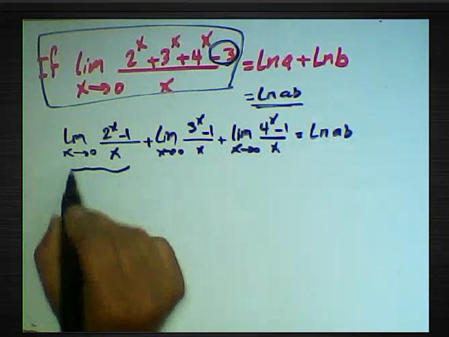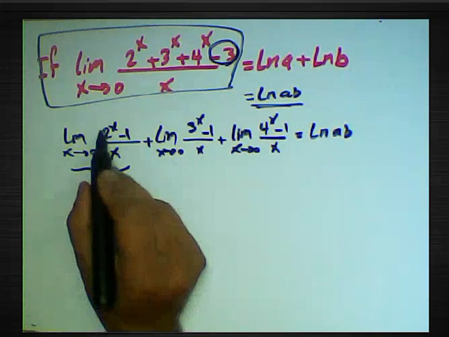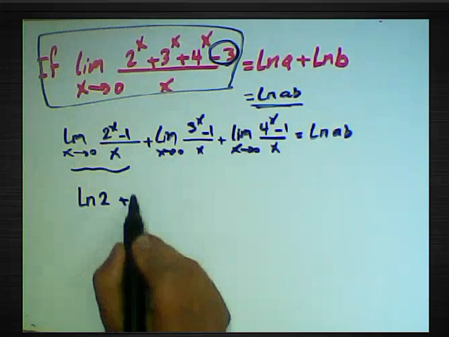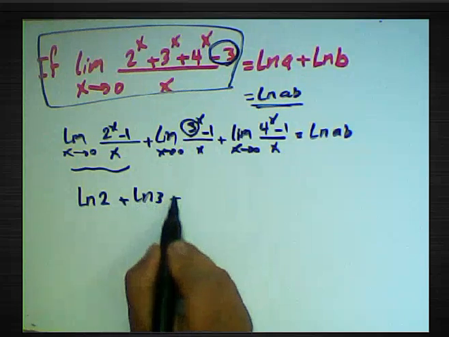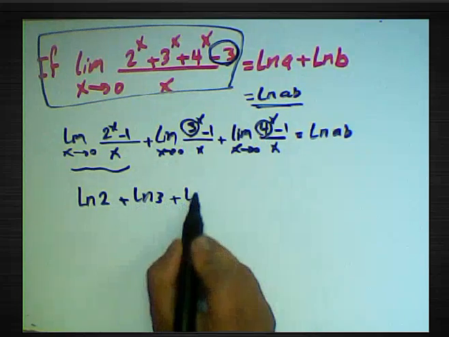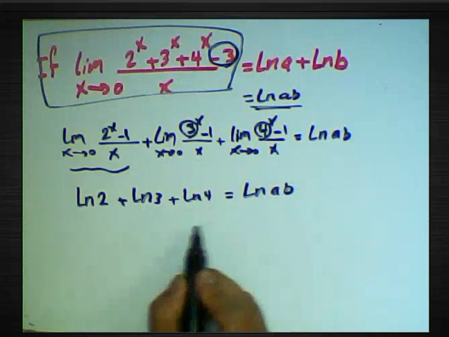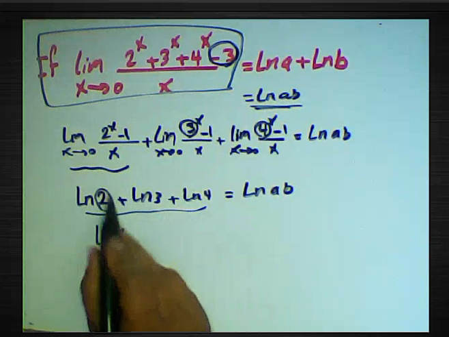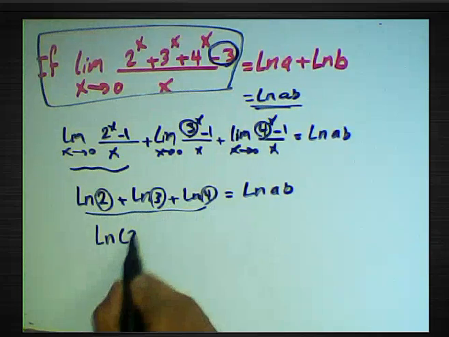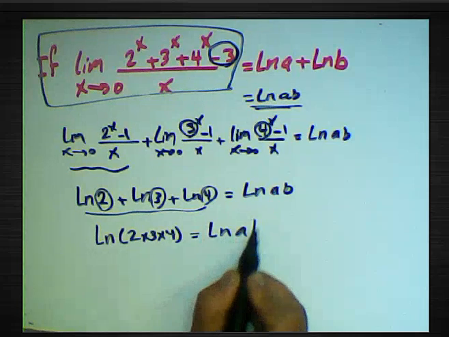You know the result of the first term will be ln of the constant 2, plus ln of the constant 3, plus ln of the constant 4. The result will be ln ab. You can write ln of the multiplication of 2, 3 and 4 equals ln ab.